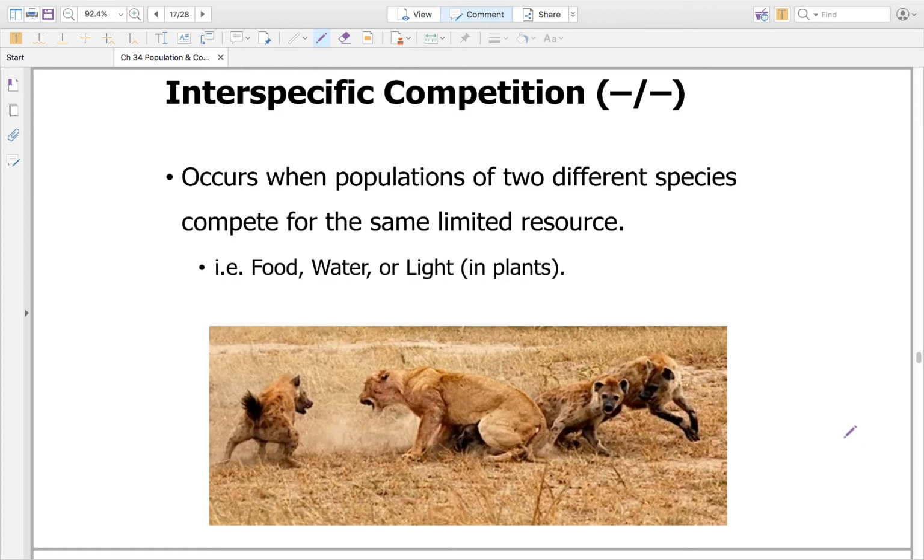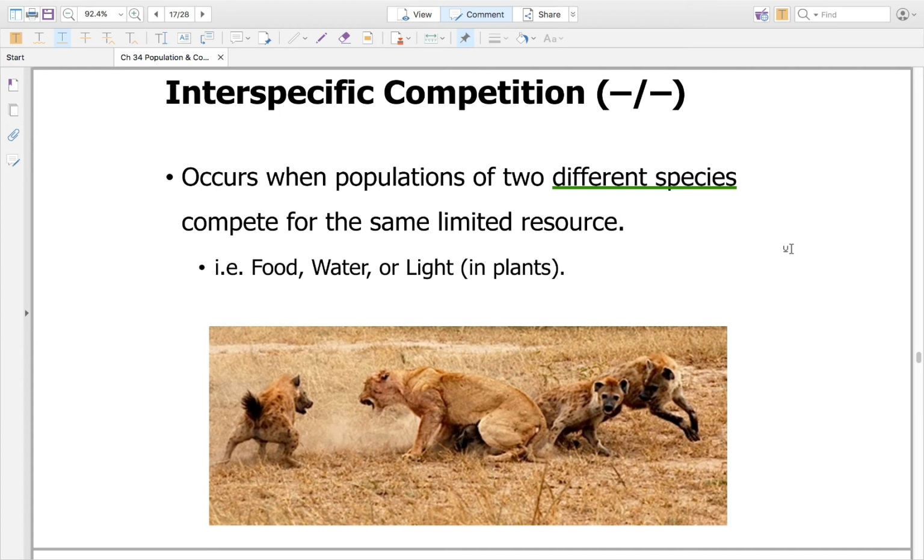All right, so let's look at a couple of interactions. So interspecific competition happens when populations of two different species compete for the same limited resources. Now, the key word here is different species, and see the negative sign is indicating that this is negative and harmful to both.